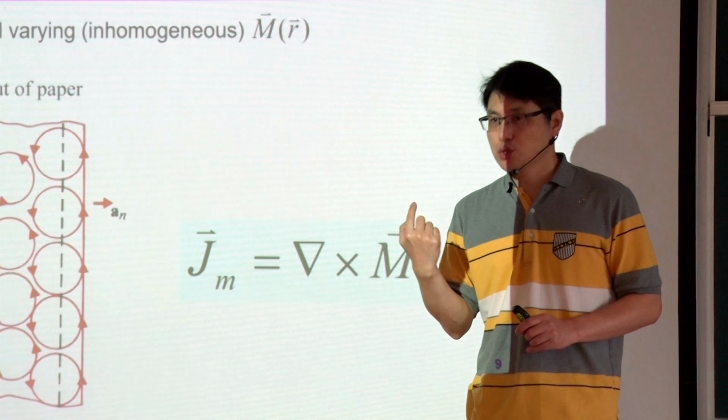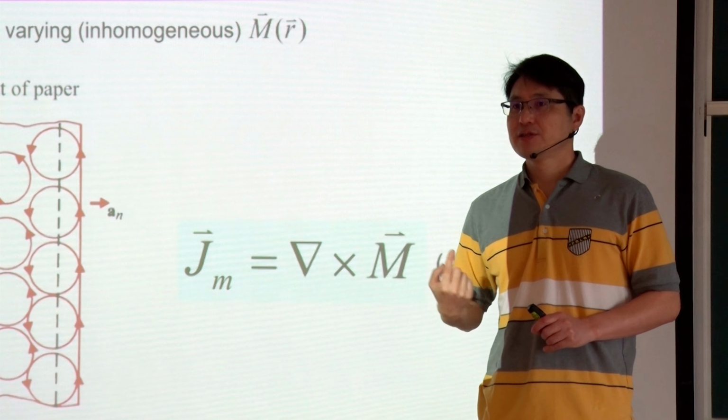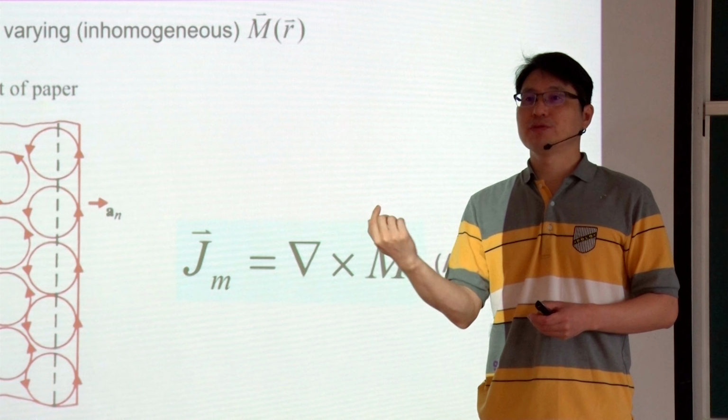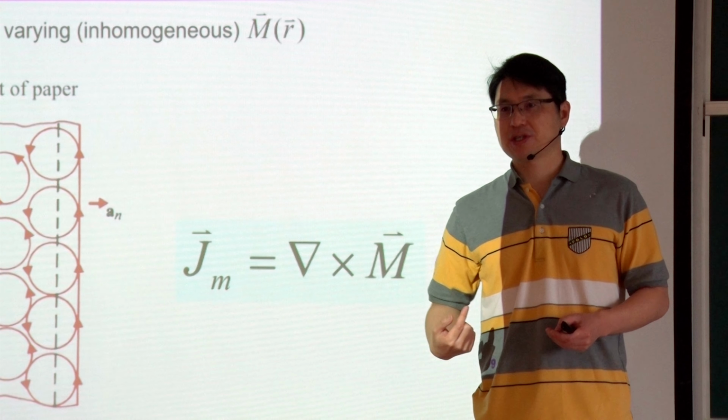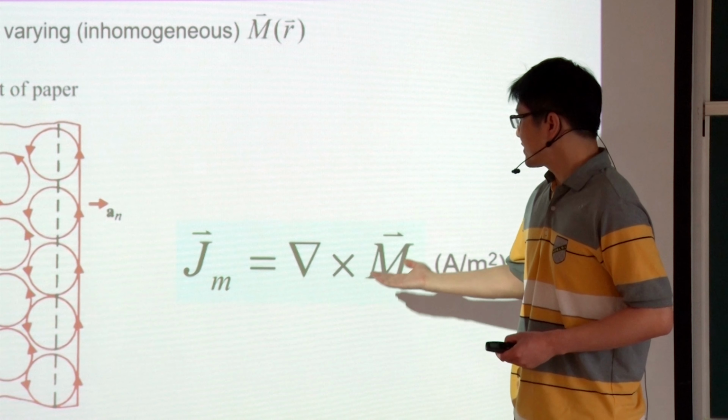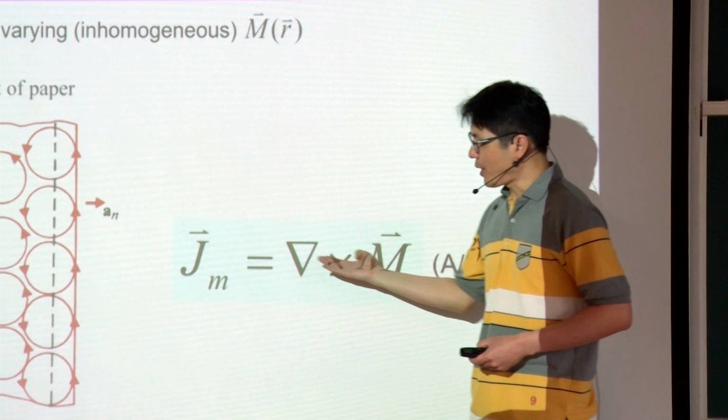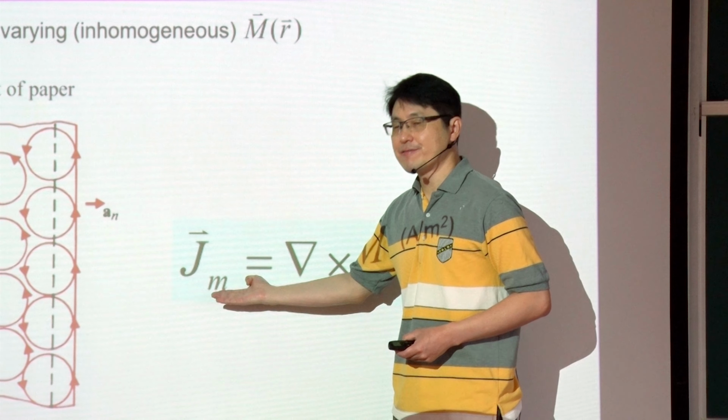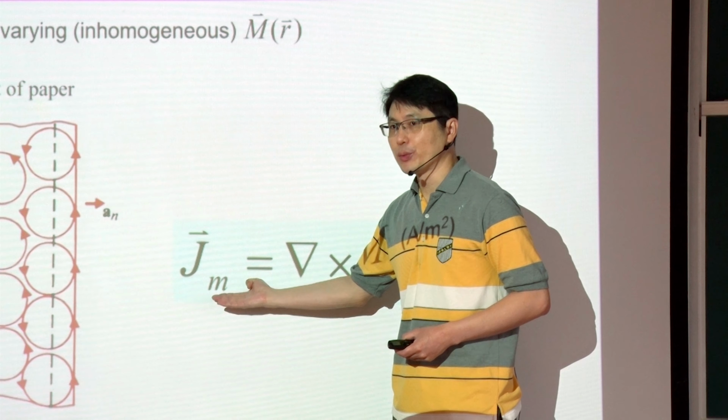Curl is trying to find the circulation. So you have to form a closed loop and find the net circulation. If it's not zero, then you have an effective volume magnetization current density.